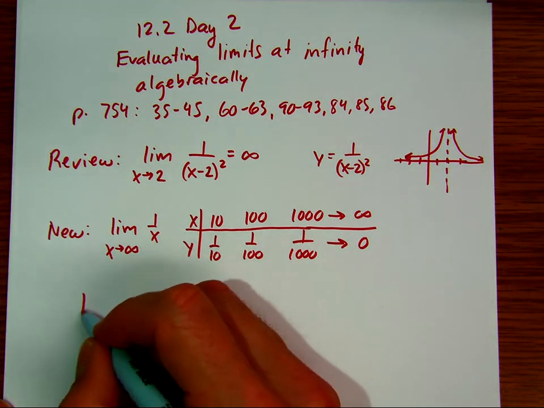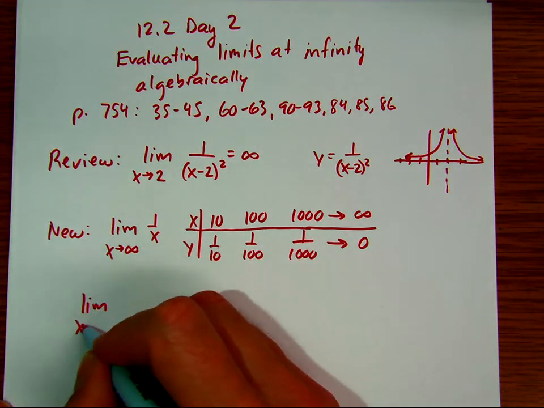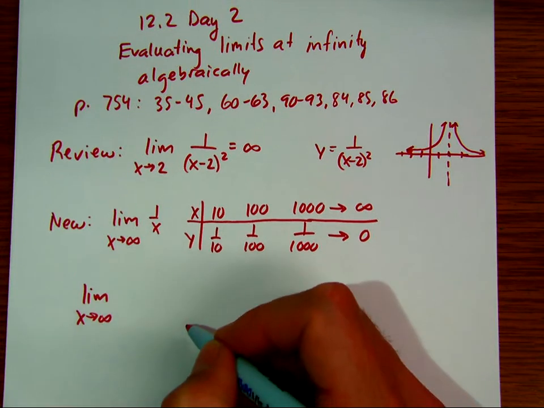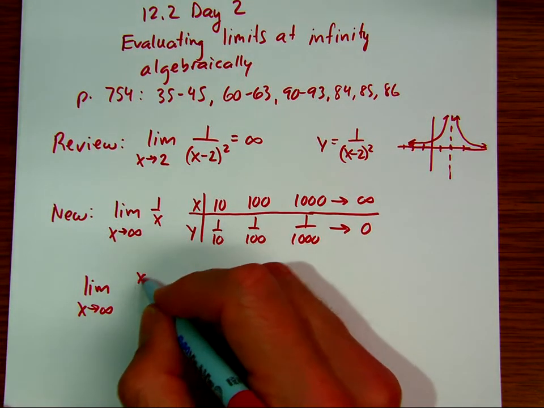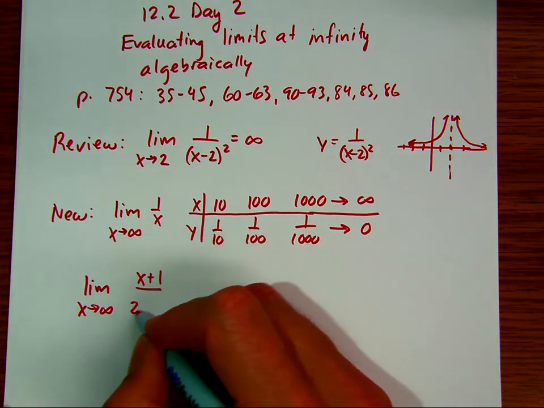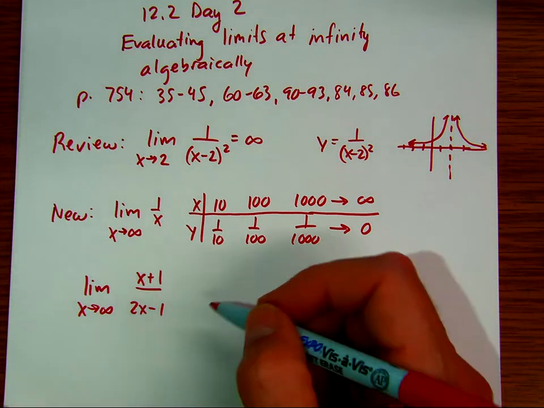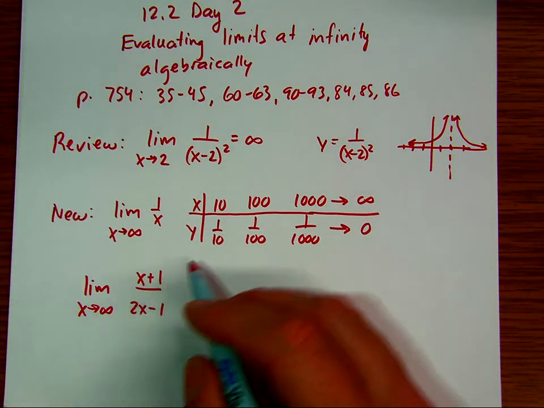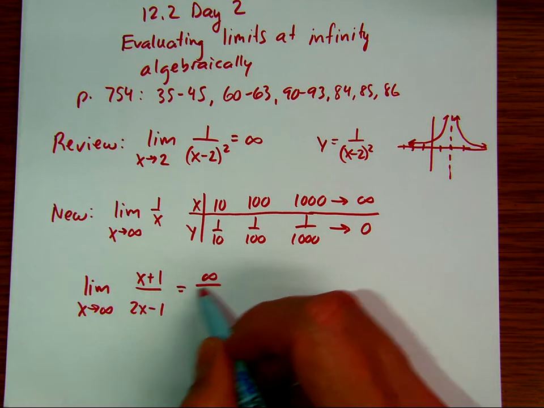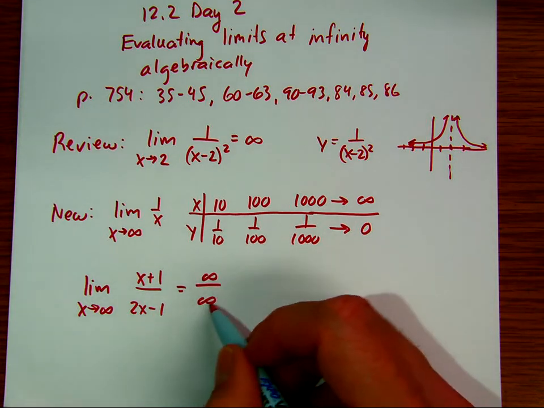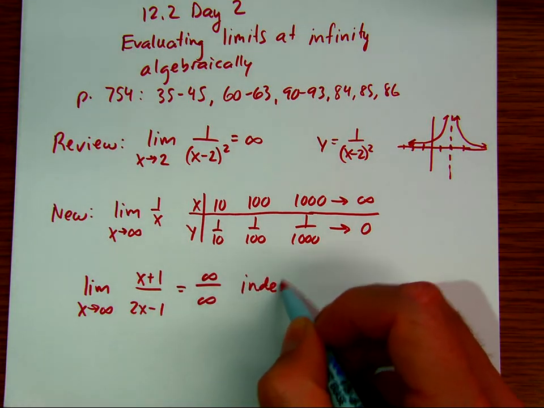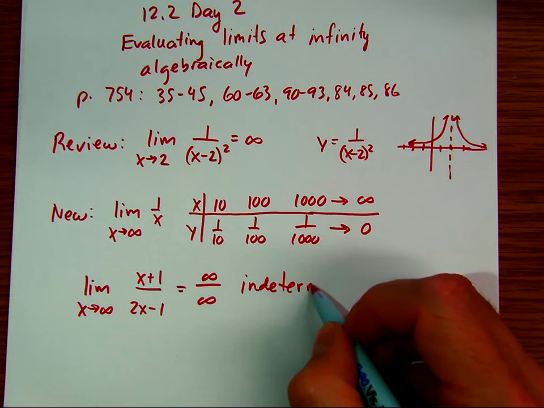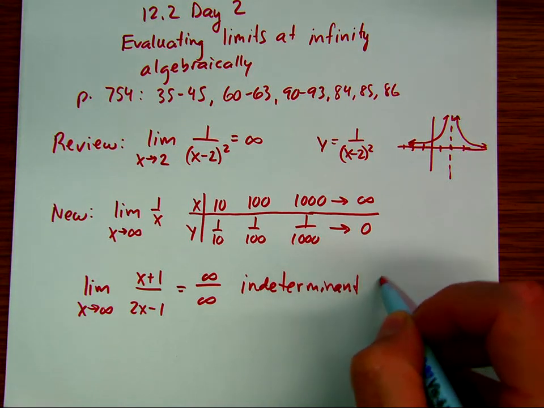We have an example, limit as x goes to infinity of x plus 1 over 2x minus 1. When we have this go to infinity and this go to infinity, we get infinity over infinity, and that's another indeterminate form.